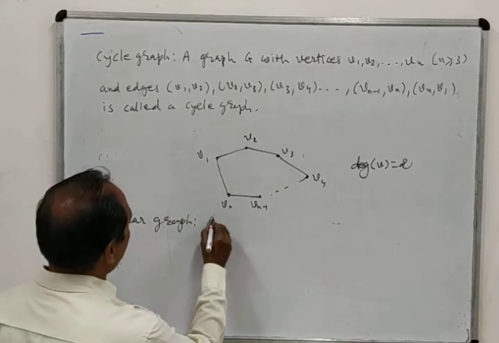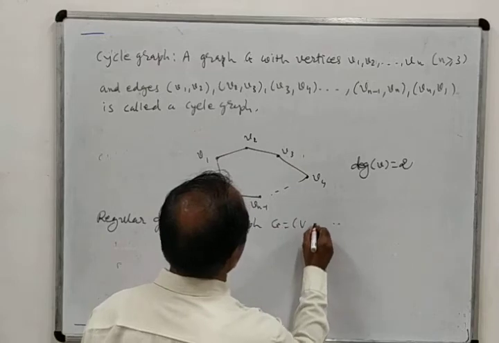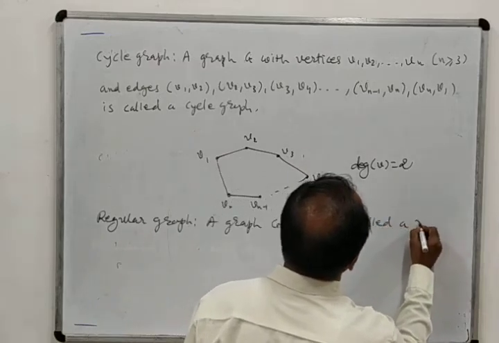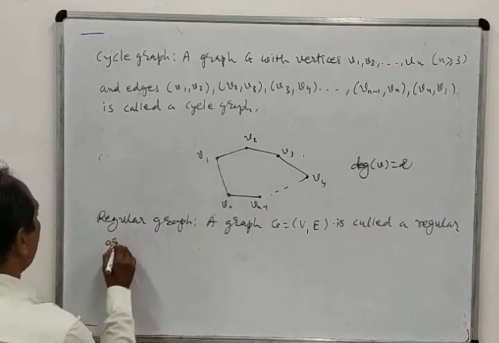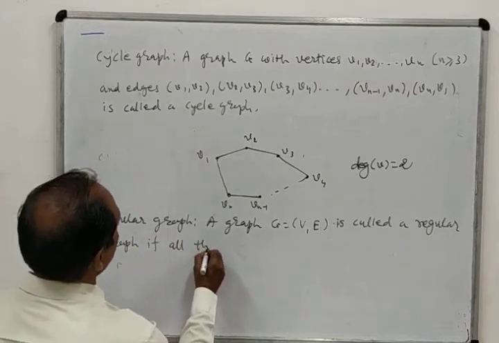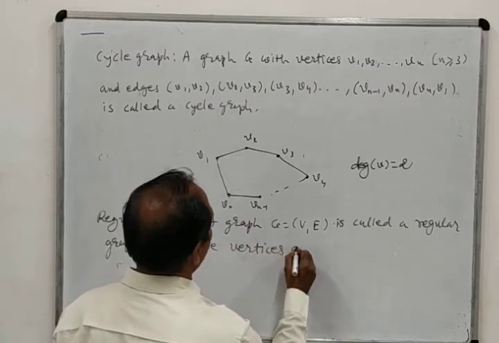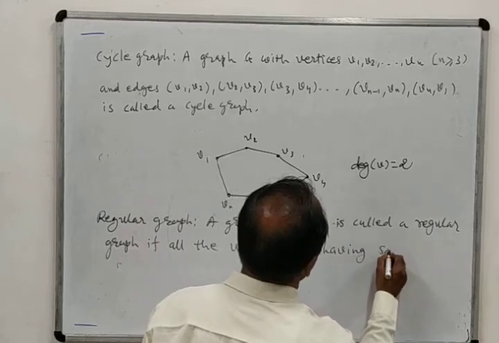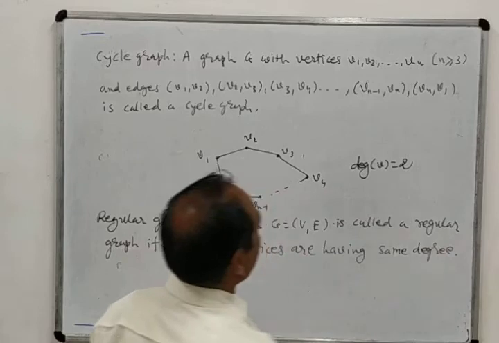That means a graph G equal to (V, E) is called a regular graph if all the vertices have the same degree.